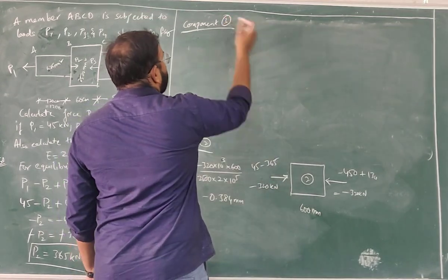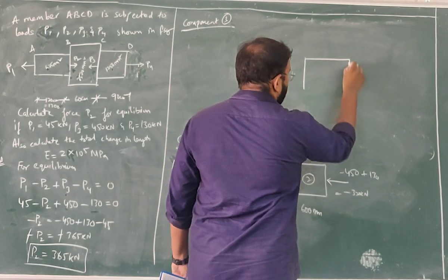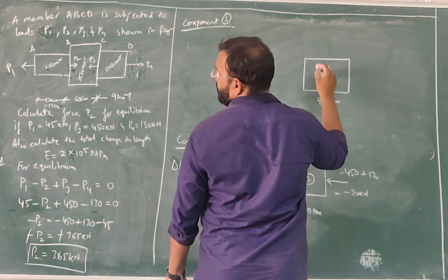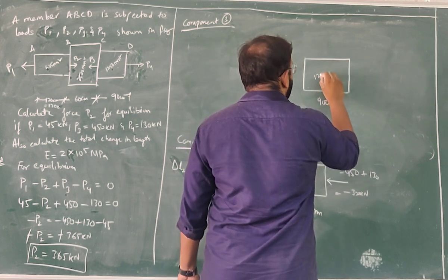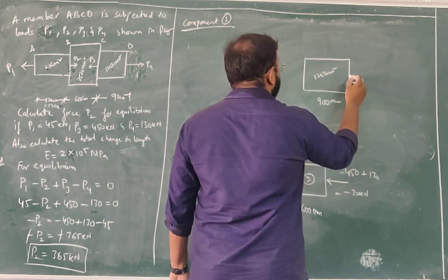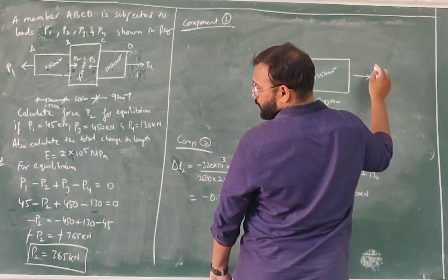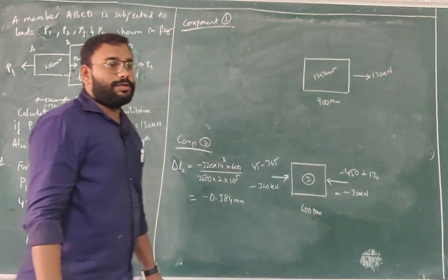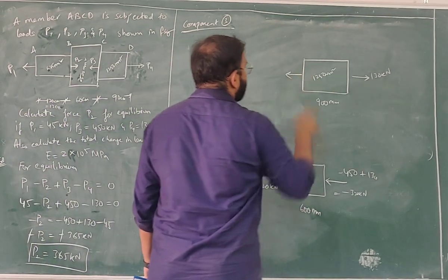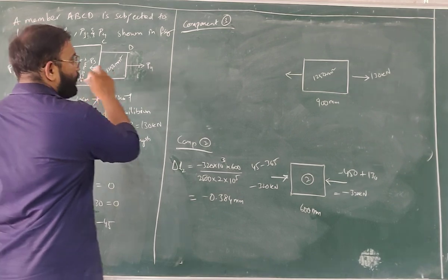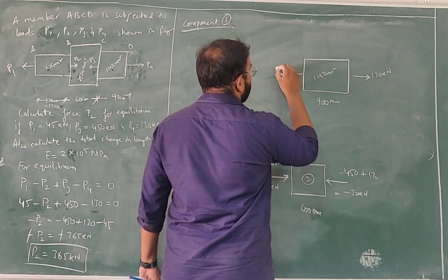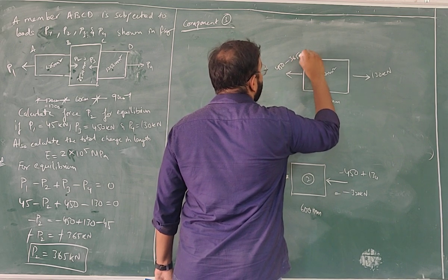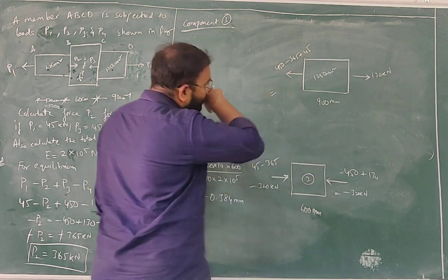Component 3, 900 millimeters, area is 1250 mm square, subjected to P4. What is the value of P4? 130 kilonewton tensile force. Now calculate the forces on this side. 450 or minus 450? 450 minus 365 plus 45. 130.